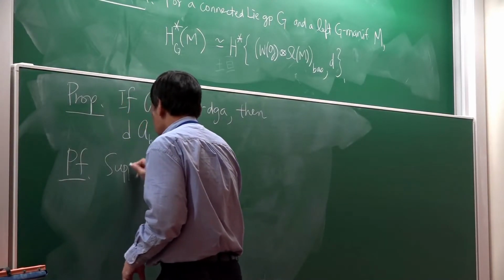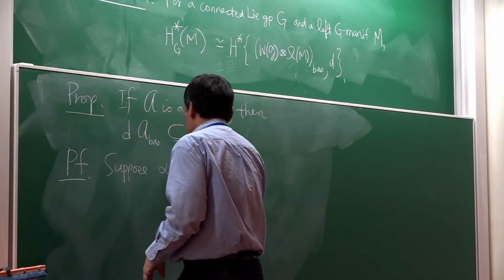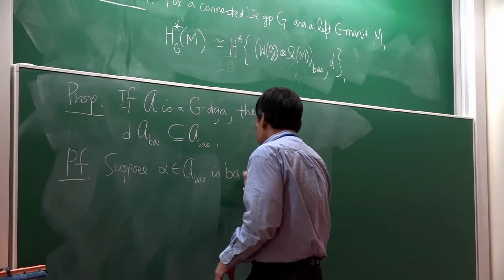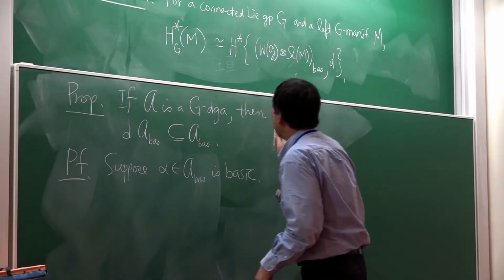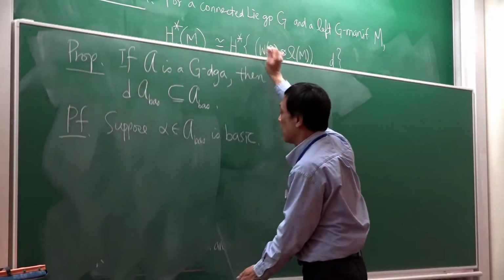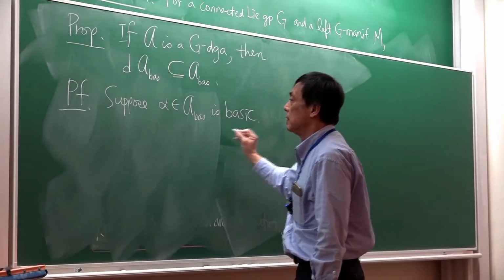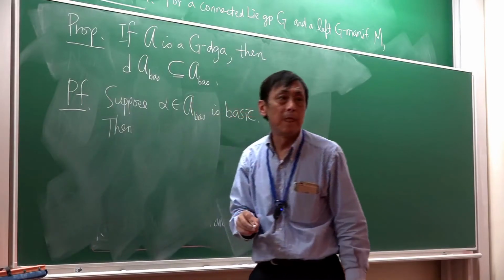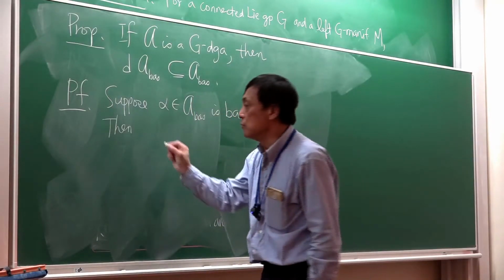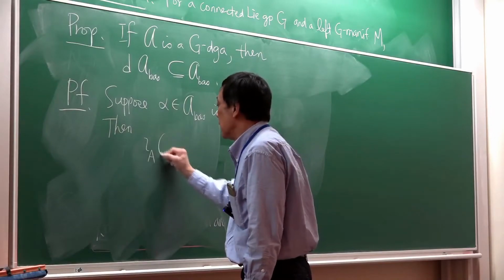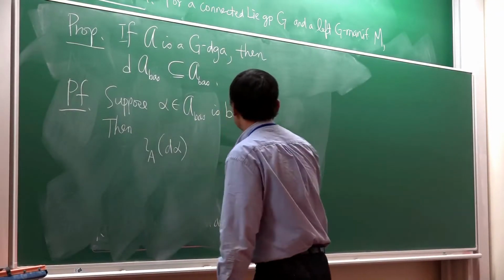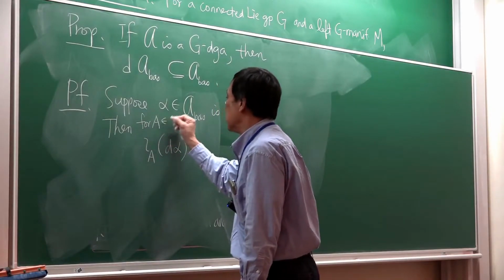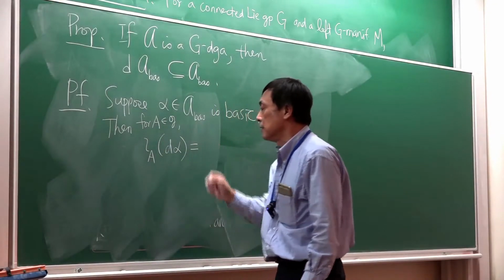So suppose alpha in A is basic. Okay, then I want to show that IA of D alpha is 0 for A in the Lie algebra.